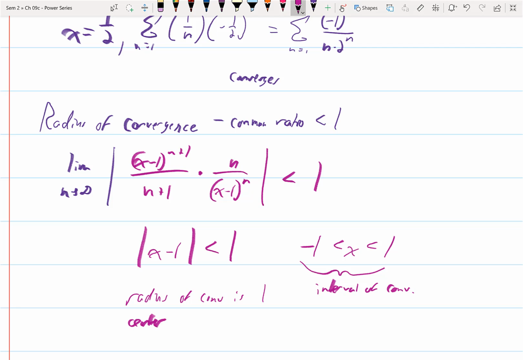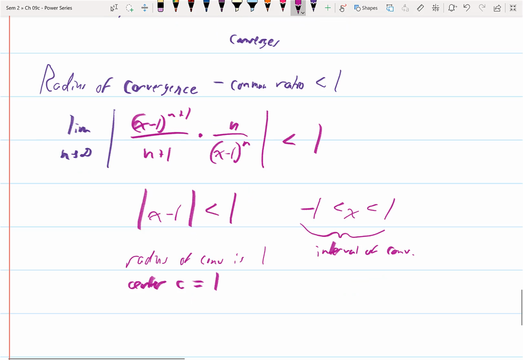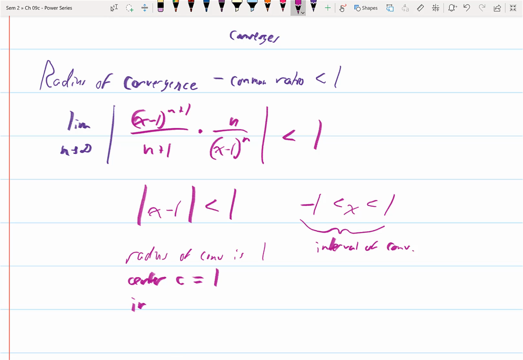The center, c, is equal to 1. And the interval is from, well, this wouldn't be from -1 to 1. I'm sorry. If the center is at 1, this would actually solve to be between 0 and 2. So the interval is 0 to 2.